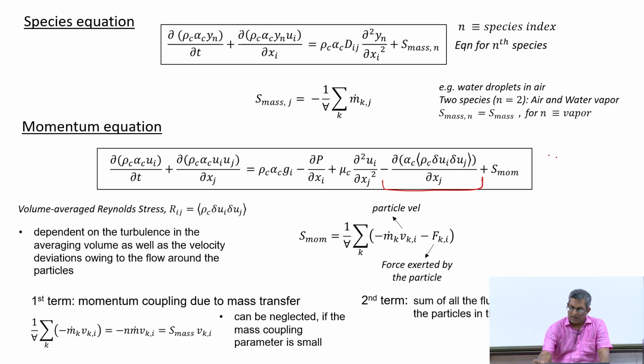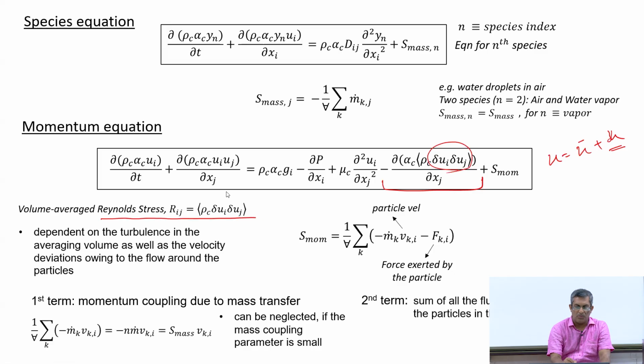But here, because of this decomposition, we have this extra term present, which is known as the volume averaged Reynolds stress.